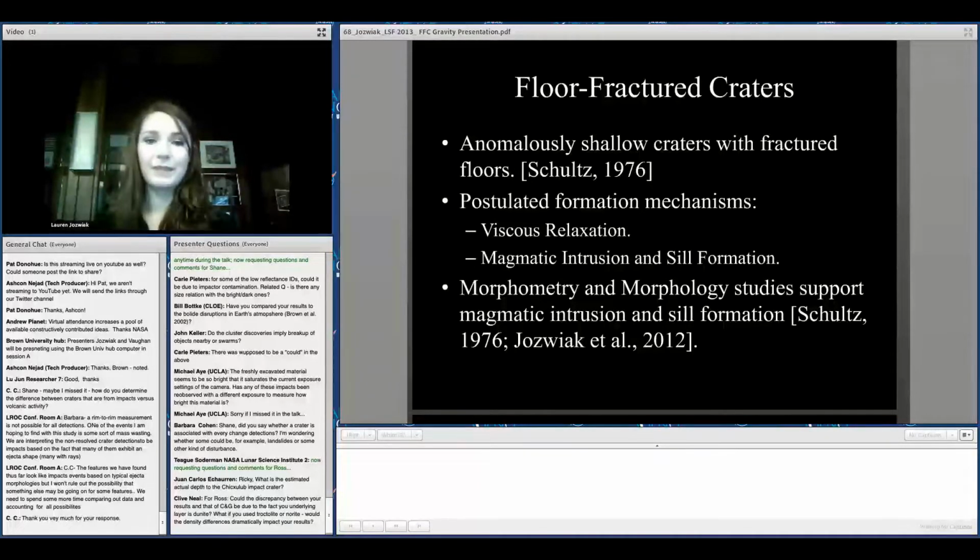And over time, there have been two postulated formation mechanisms: viscous relaxation and magmatic intrusion and sill formation. Morphology and morphometry studies have shown that magmatic intrusion and sill formation is really the more likely formation mechanism for these craters.